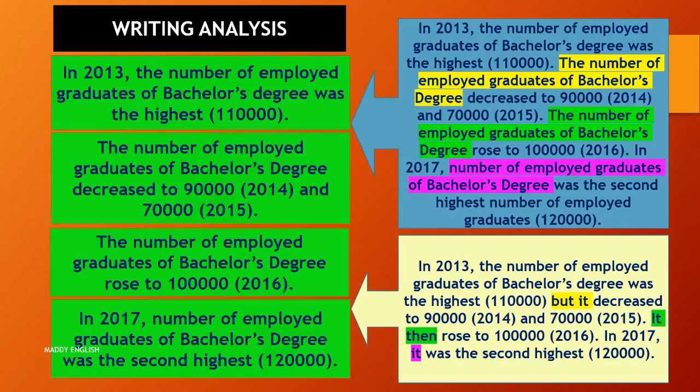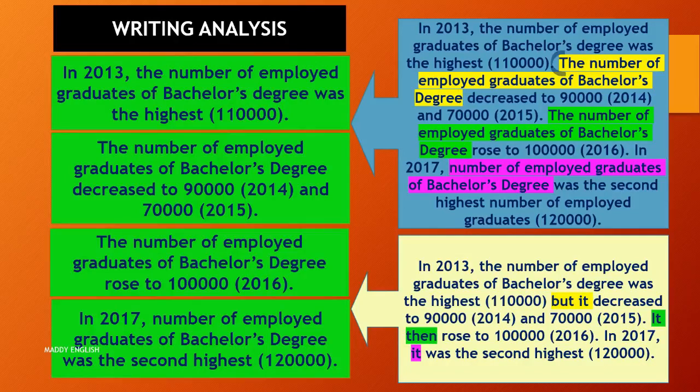You can see on the left-hand side are the independent sentences of the analysis, while on the right-hand side, I try to combine the information in a paragraph. And it's quite lengthy, isn't it? And the phrases highlighted here are actually a repetition of words.